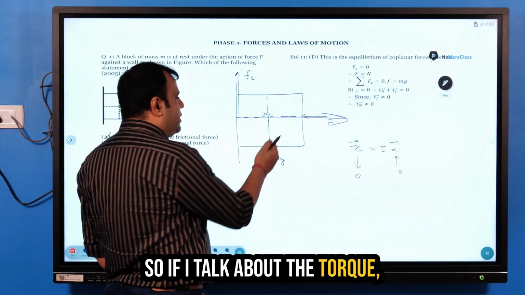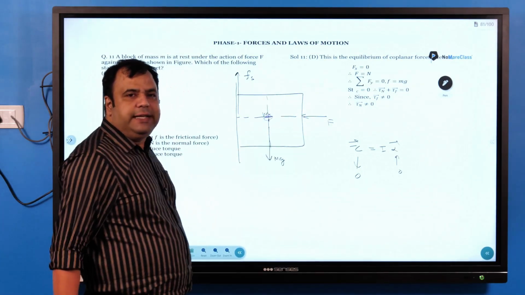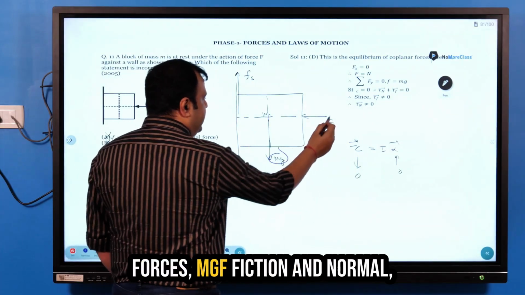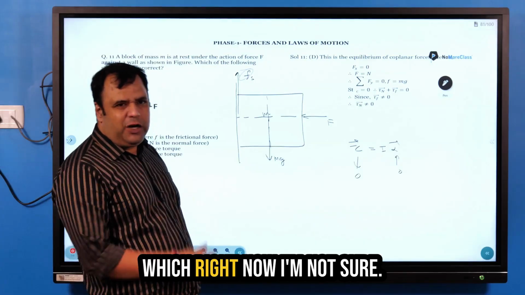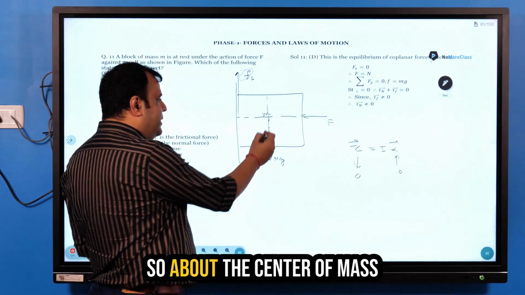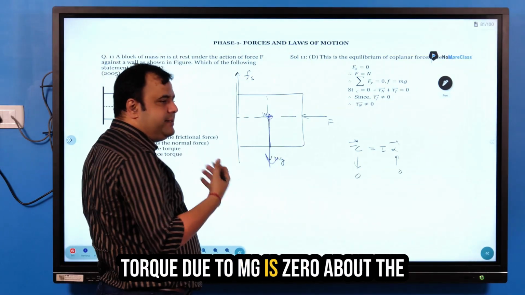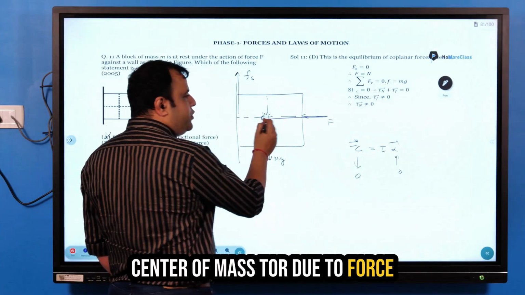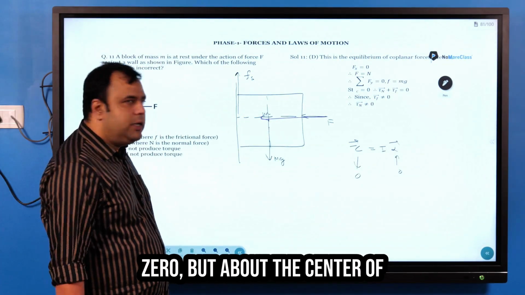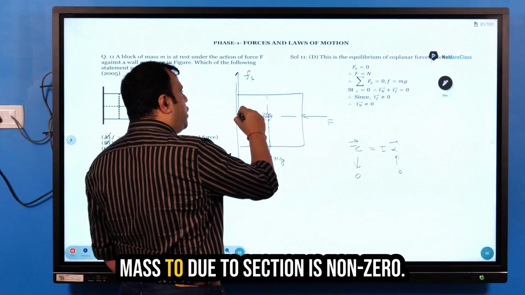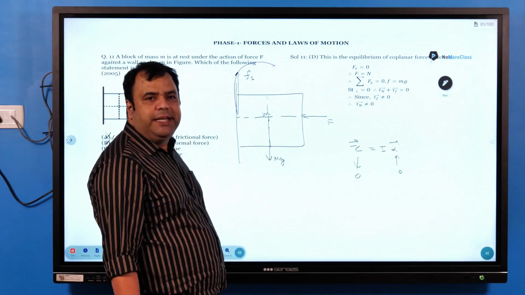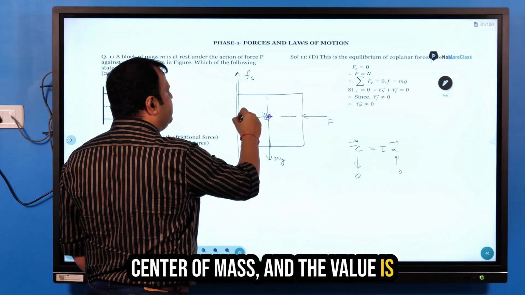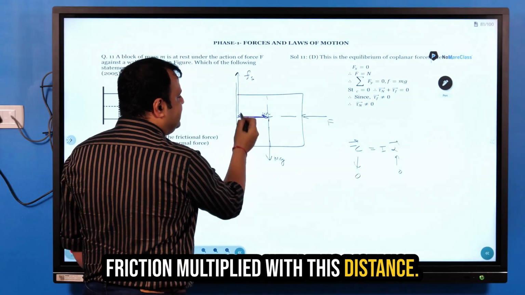Because this body is not rotating, if I calculate the torque about the center of mass, there are 4 forces: mg, F, friction, and normal. About the center of mass, torque due to mg is 0, and torque due to force F is 0. But torque due to friction is non-zero, and the value is friction multiplied with this distance.